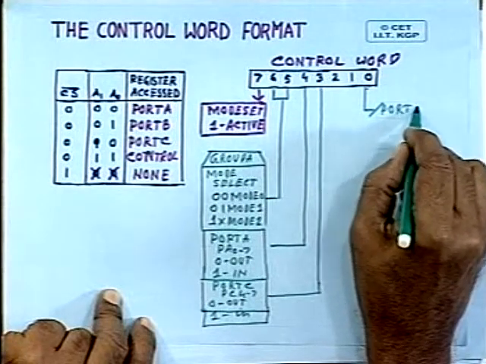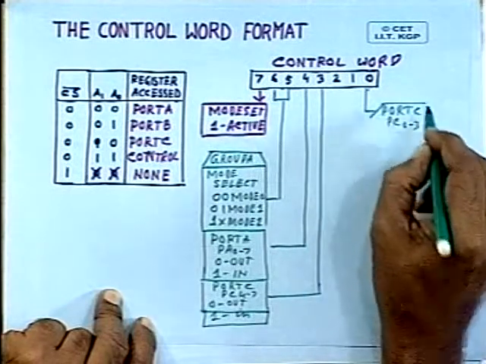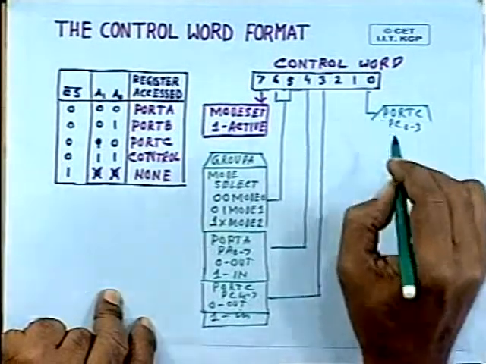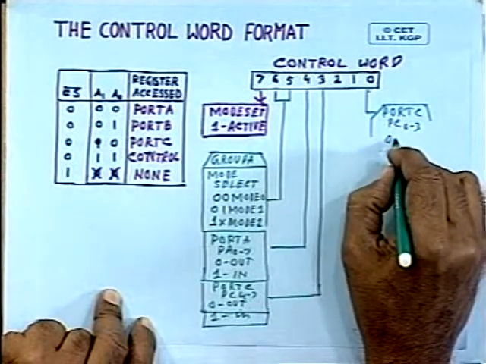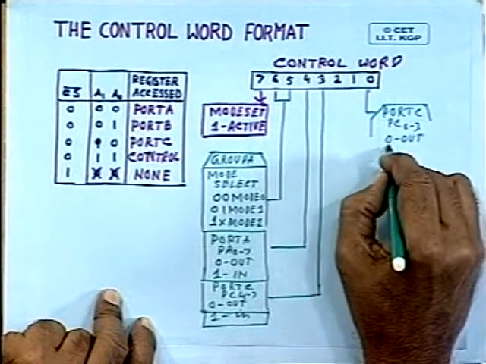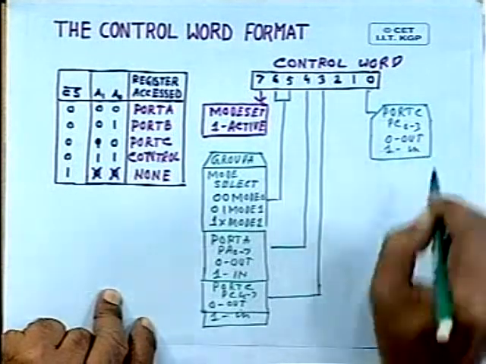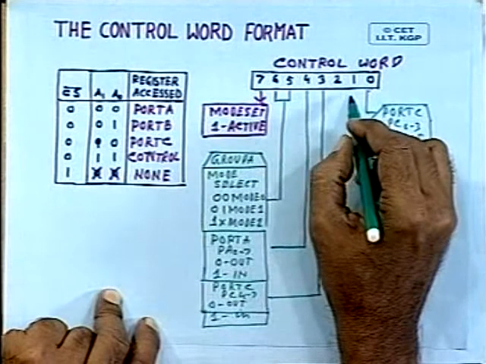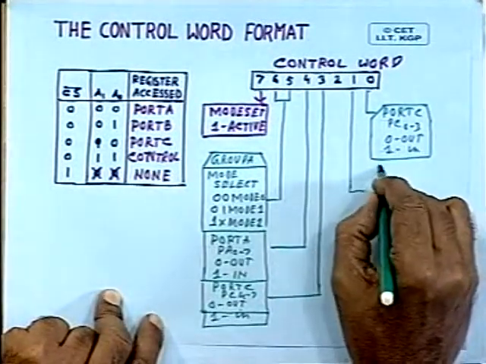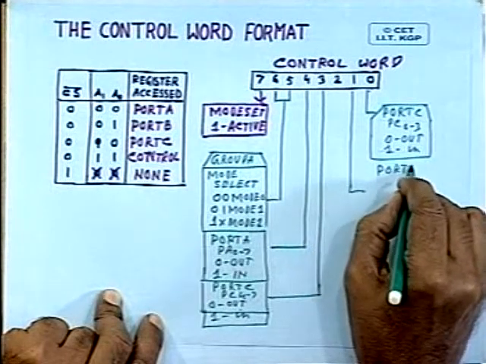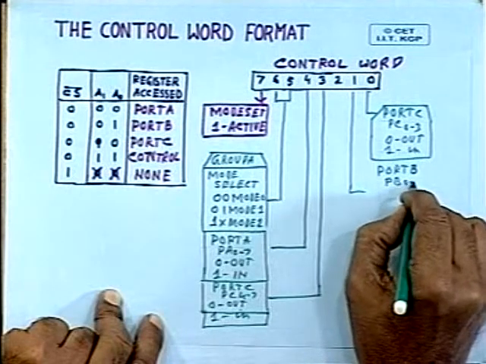Port C, that means PC 0 to 3, the direction of these ports can be decided with the help of this bit 0. Whenever it is 0, then it is out, and whenever it is 1, then in. Bit 1 is used to decide the direction of port B, that means PB 0 to 7.